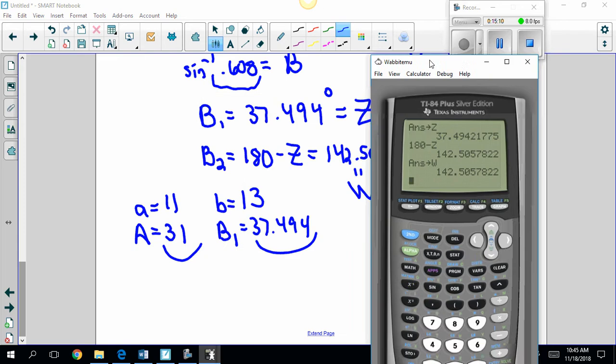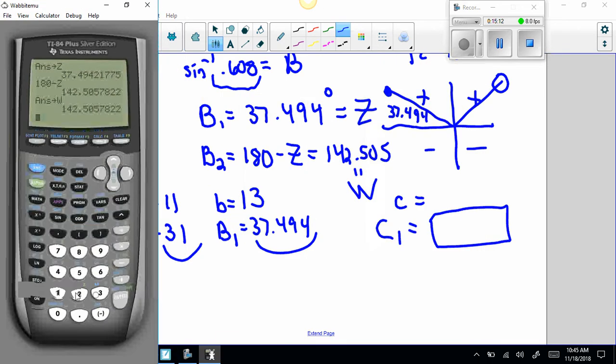So let's do that. 31 plus B1, which is Z, alpha Z, minus 180 times a negative 1 is 111.505. Let's store that in U. Store alpha U.